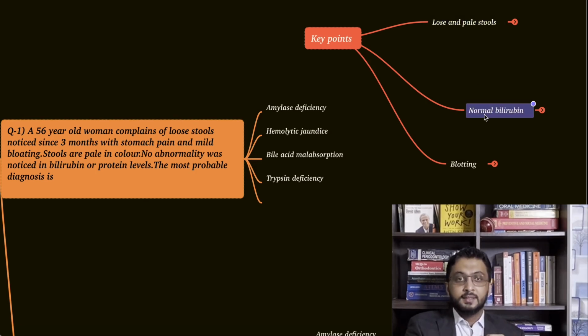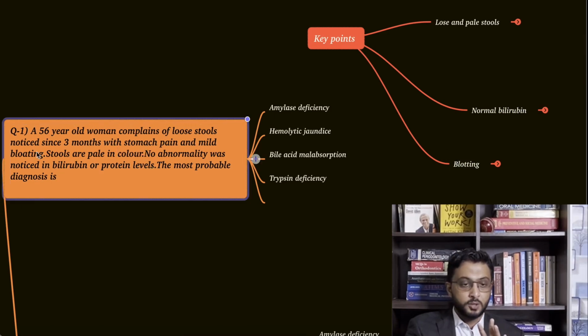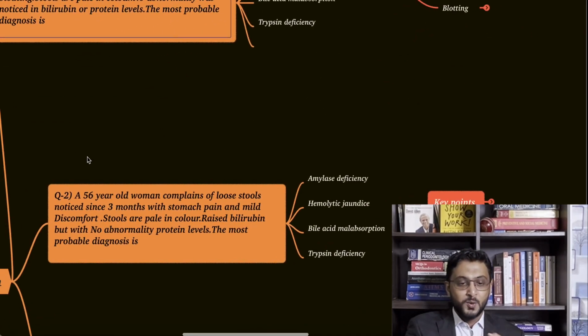The second key point was normal bilirubin, no abnormality. There is no abnormality in the urine, and bloating was a feature you can see there. So these were the key points. Any idea you're getting? No problem.